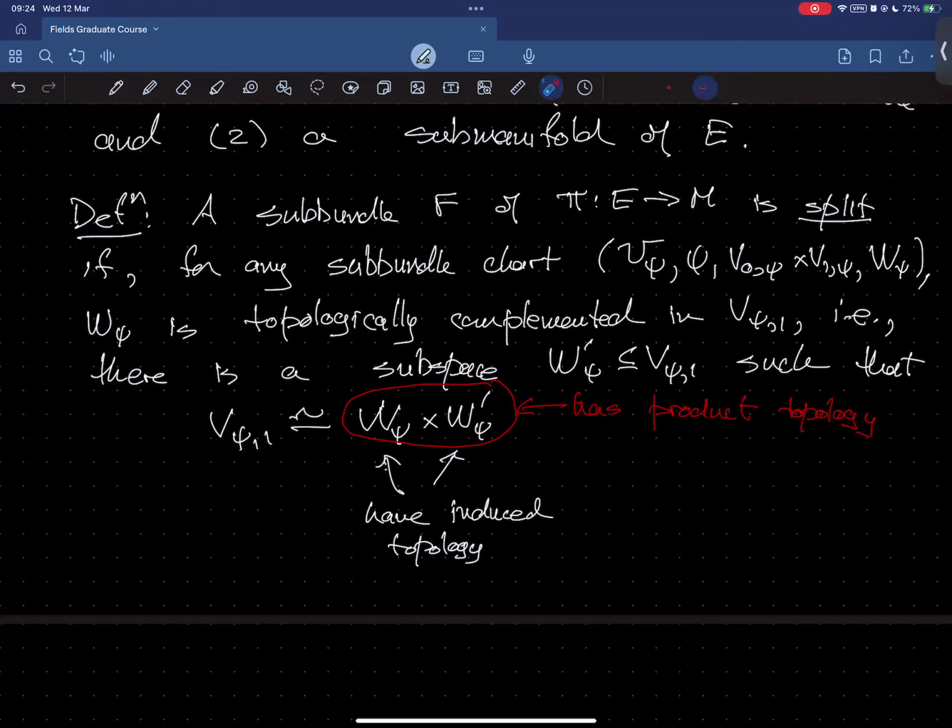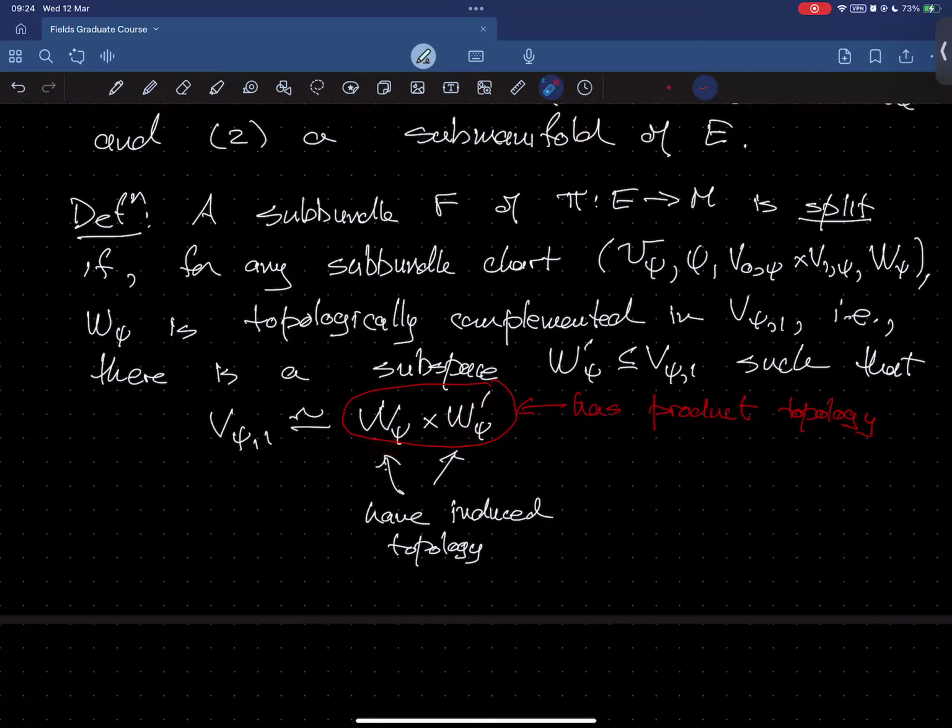And so then this is saying that we have these two subspaces, W psi and W psi prime, and W psi prime is a complement, so it's an algebraic complement. This means that I can write any point in V psi 1 uniquely as a sum of a vector in here and a vector in here.